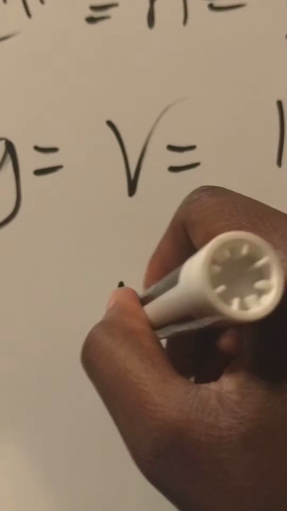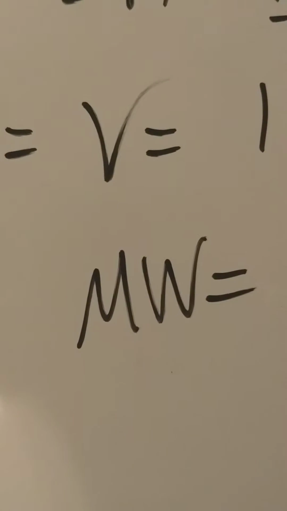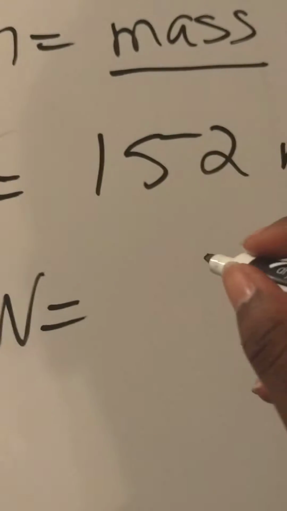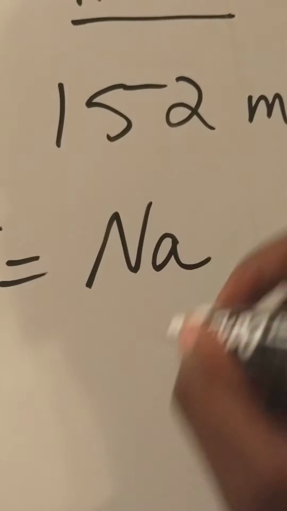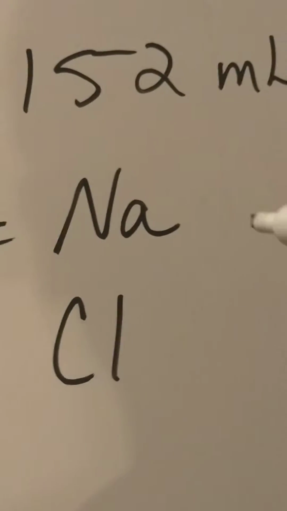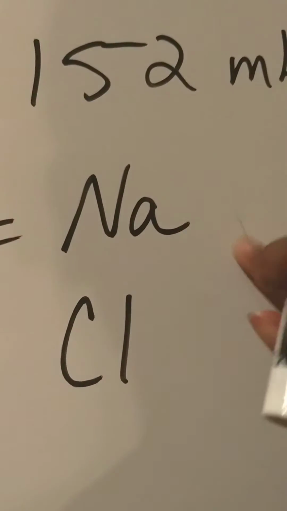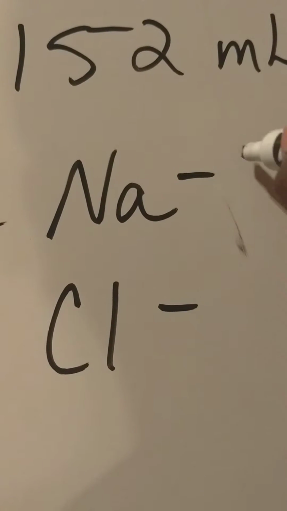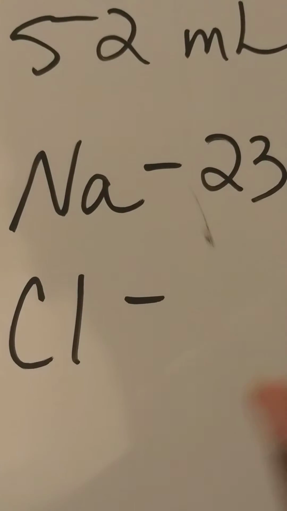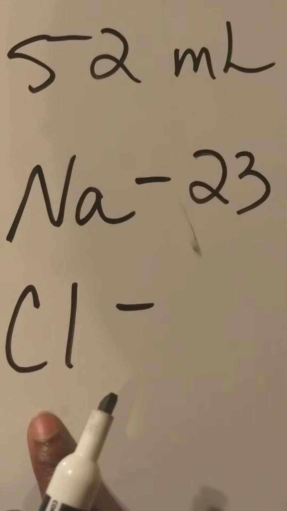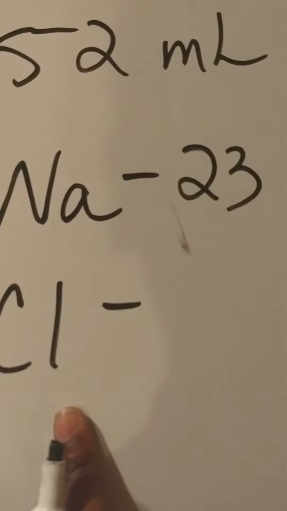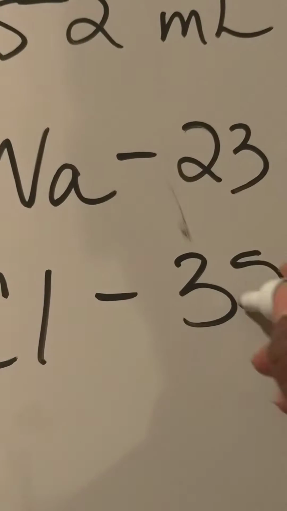The next thing that we need to do is find our molecular weight of NaCl. First we state the atoms that we're dealing with. Na has a molecular weight of 23, and Cl, chlorine, has a molecular weight of 35.